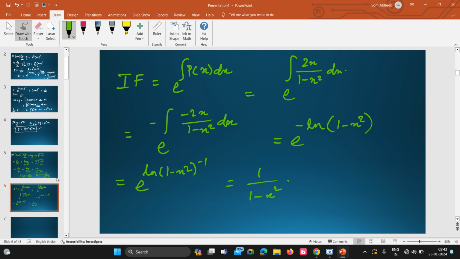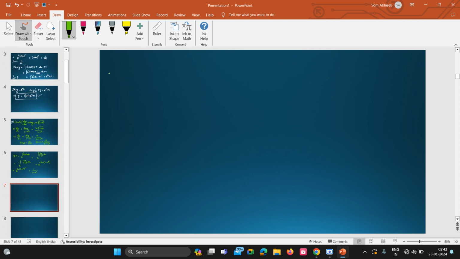So now we know the solution of the differential equation is: integrating factor into y is equal to integral of Qx into integrating factor dx plus c.